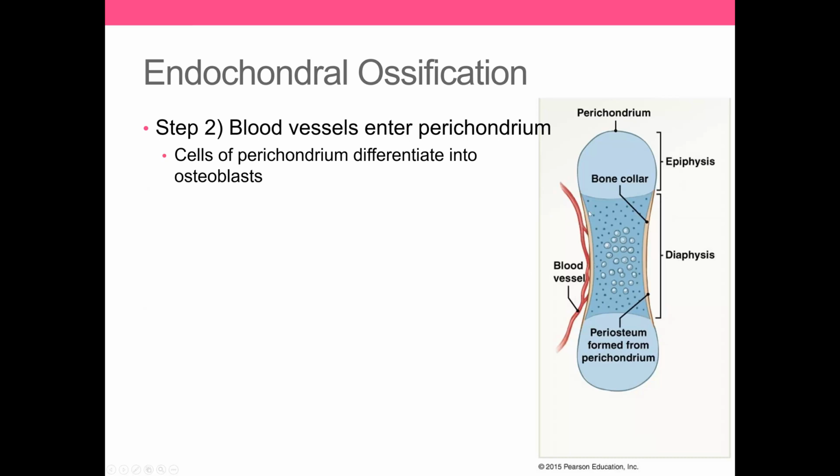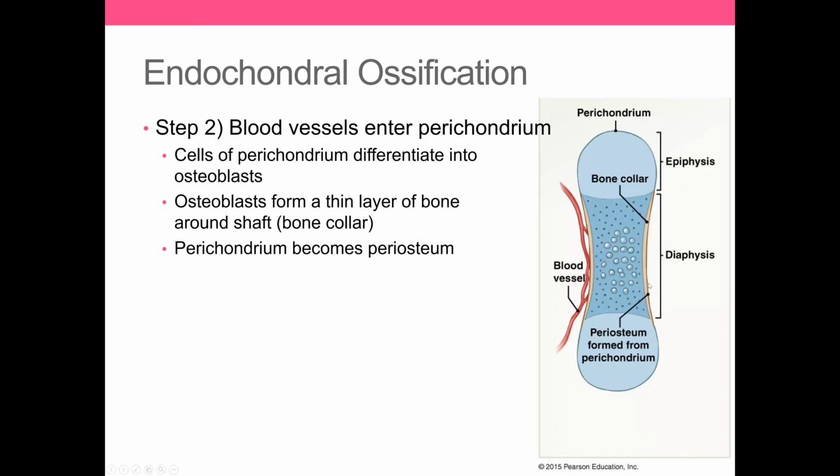They're causing the cells in the perichondrium to differentiate or turn into osteoblasts. And remember, osteoblasts are going to make bone. So the osteoblasts are now going to form this thin layer of bone around the shaft of the cartilage. Remember, this middle part's called the diaphysis or the shaft. And so this is going to form a very thin bone collar just around the middle part or the diaphysis.